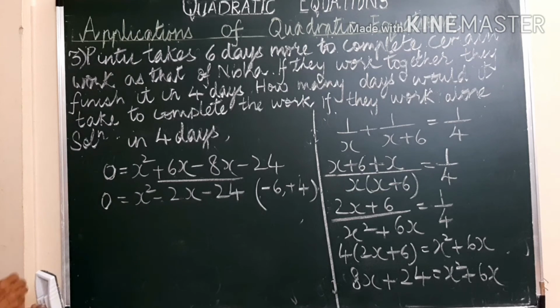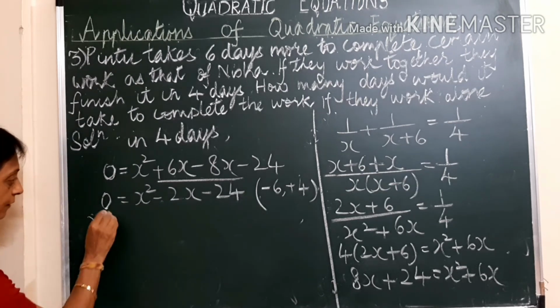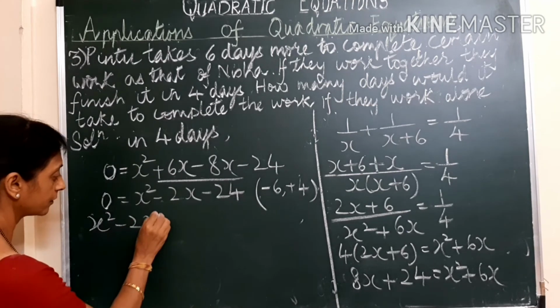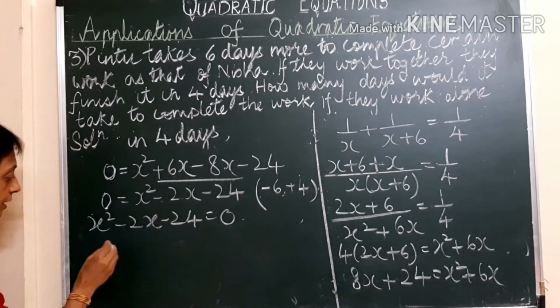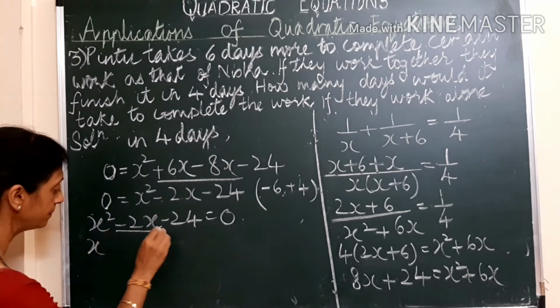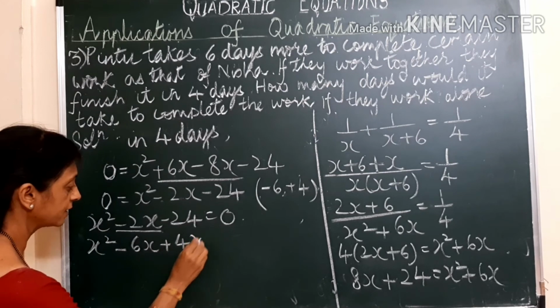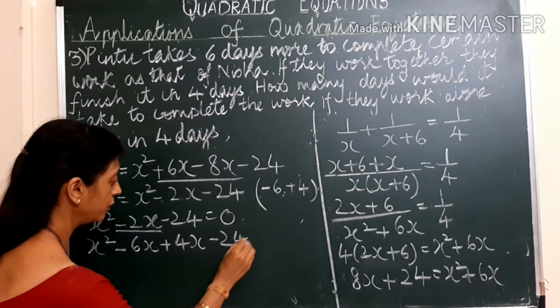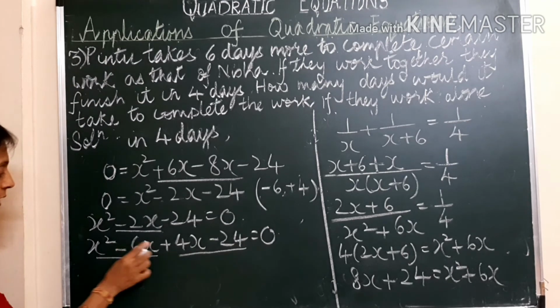So let's solve it further. You can take the terms on this side first, which is equal to 0. The pair is already ready with you. So let's split up. X square minus 6x plus 4x minus 24, which is equal to 0. Pair up. What is common?